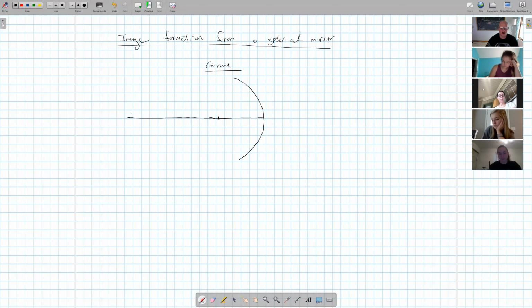So let's draw R. Capital R here is equal to the radius of curvature. The radius of curvature is the radius of the sphere, the radius of the spherical mirror.